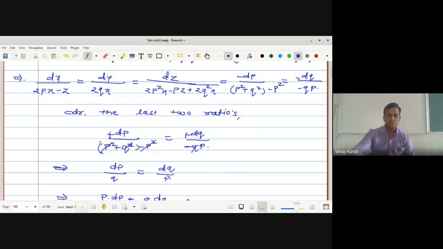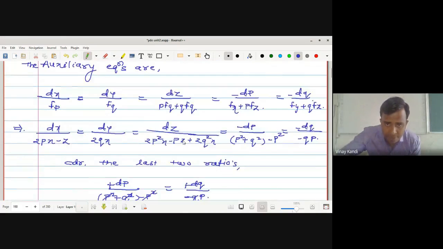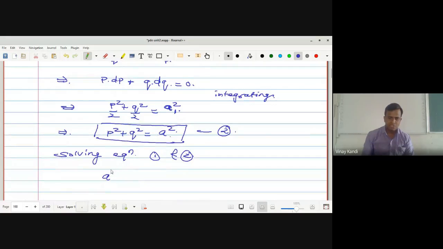Put the value of p square plus q square is equal to a square, and x minus pz. A square x minus pz is equal to 0. So that implies a square x is equal to pz.